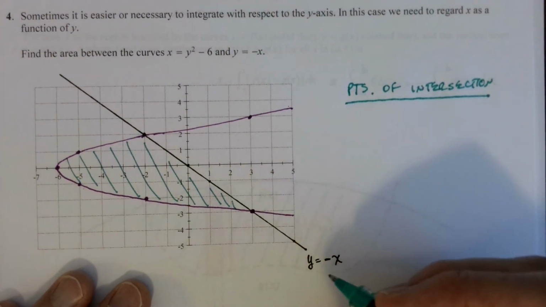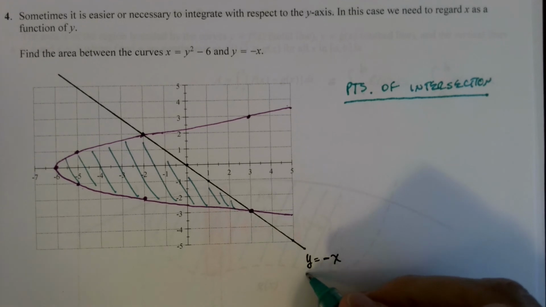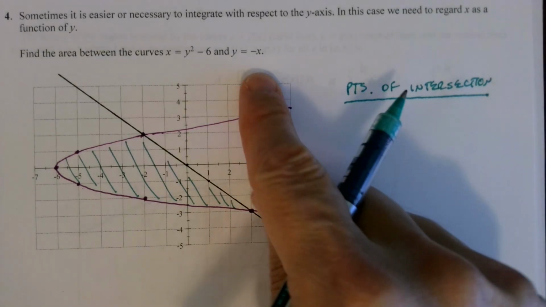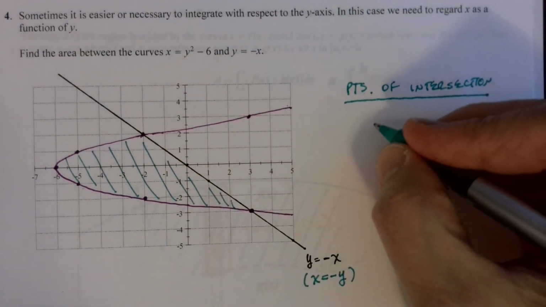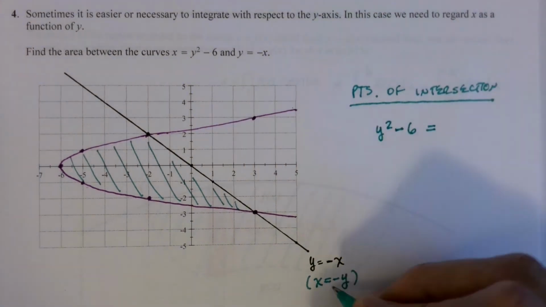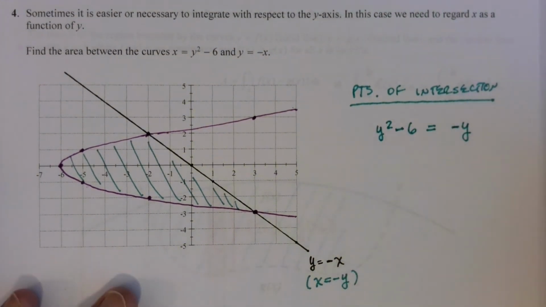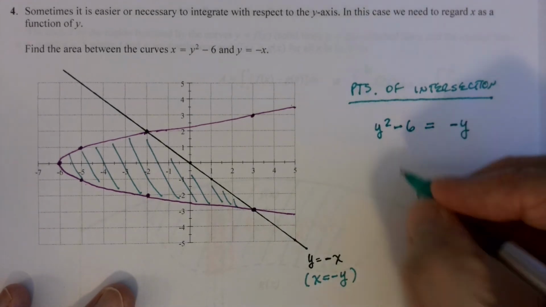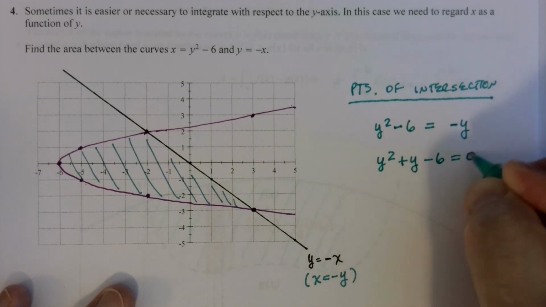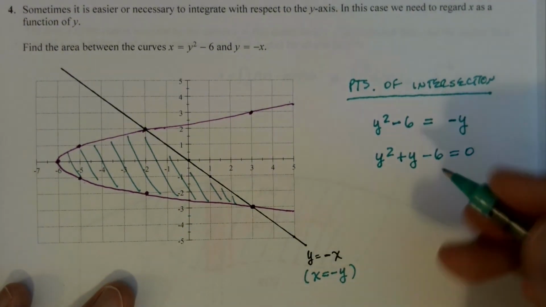So in other words, when y is equal to negative x, that's the same thing as x being equal to negative y. So if x is negative y and x equals y squared minus 6, y squared minus 6 is equal to negative y. So adding y to both sides gives me that, and this now factors.